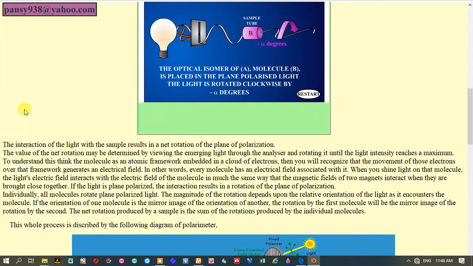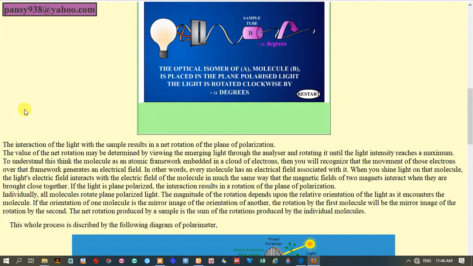When you shine light on that molecule, the light's electric field interacts with the electric field of the molecule in much the same way that the magnetic fields of two magnets interact with each other when they are brought close together. If the light is plane polarized, the interaction results in a rotation of the plane of polarization. Individually, all molecules rotate plane polarized light.